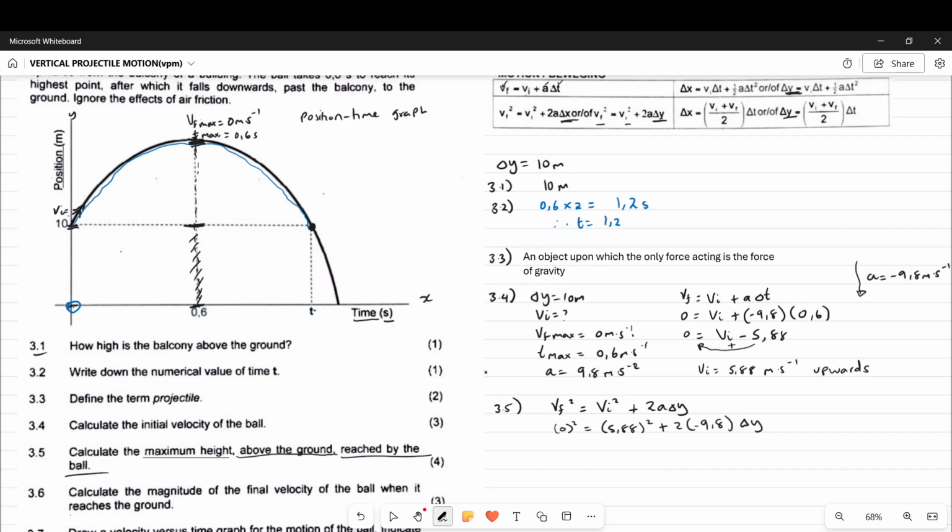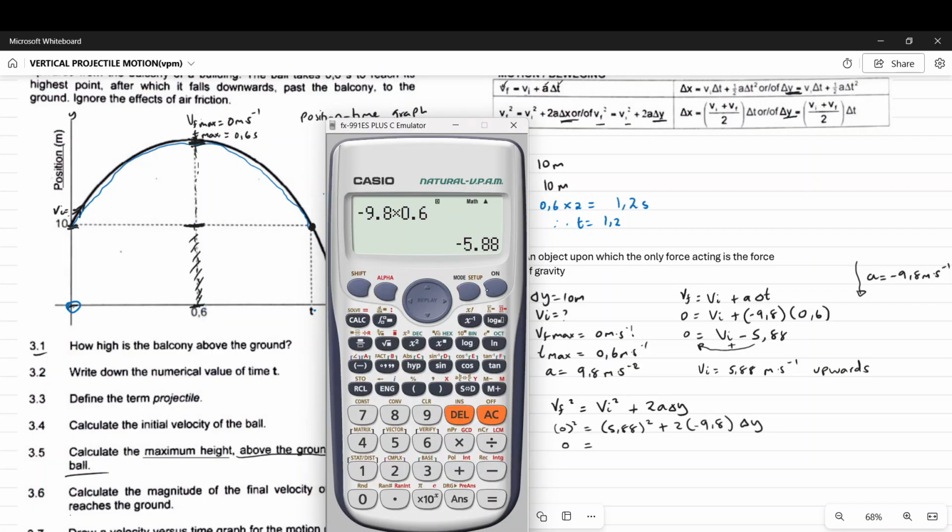So now let's work it out. So this now will be 0 is equal to, now let's take our calculator.